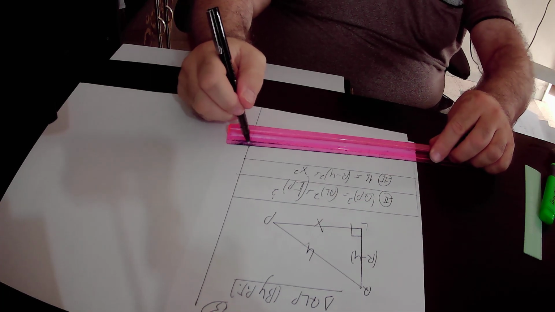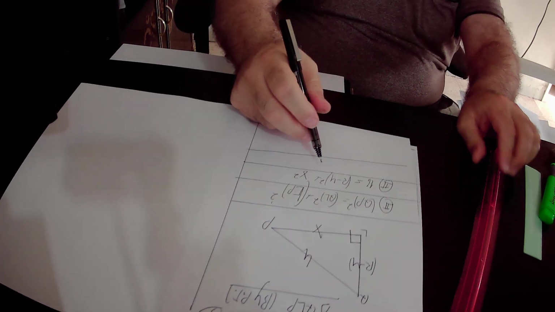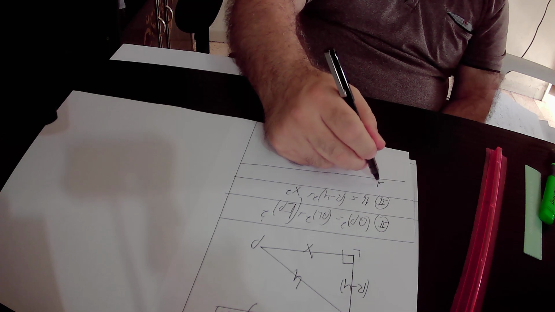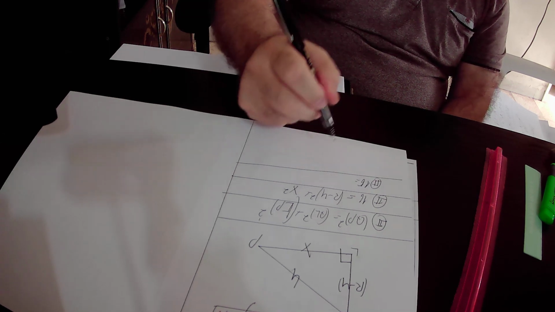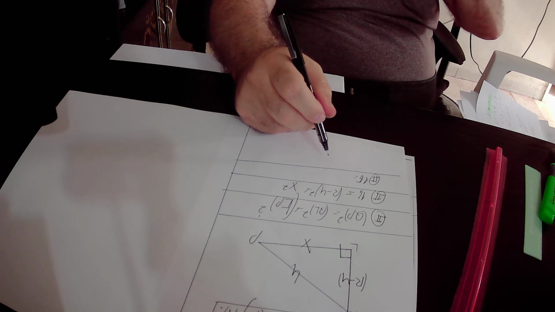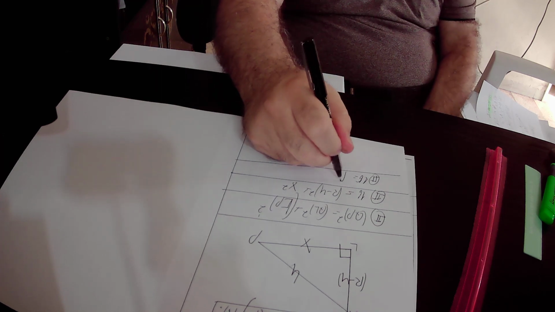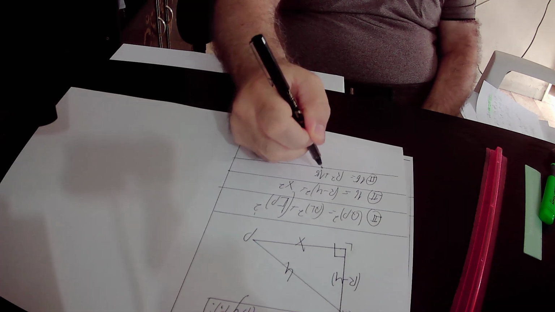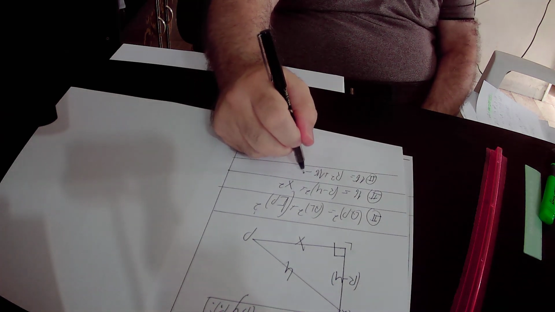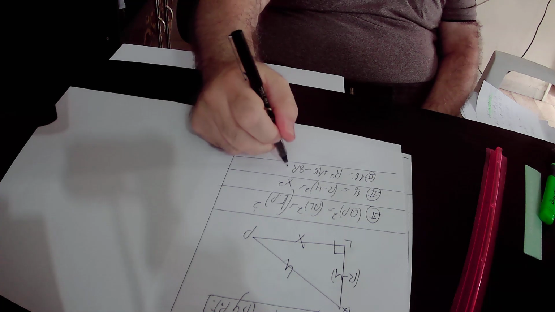So here we'll open the brackets on this side of equation number 2 and we'll get that 16 equals R minus 4 squared, equals R squared plus 4 squared, that is 16, minus 2 times R times 4, which is minus 8R, plus X squared.